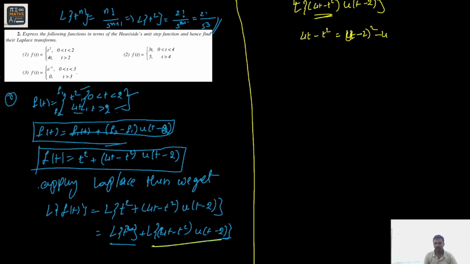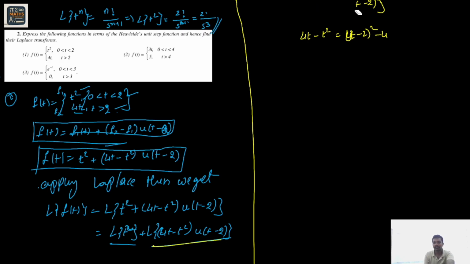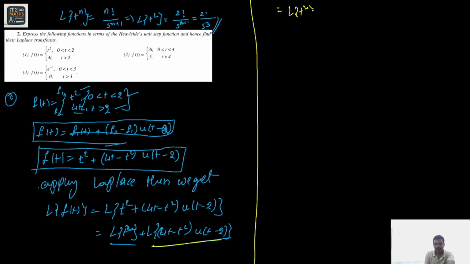Taking minus common, we get minus Laplace of t square minus 4t into u of t minus 2.